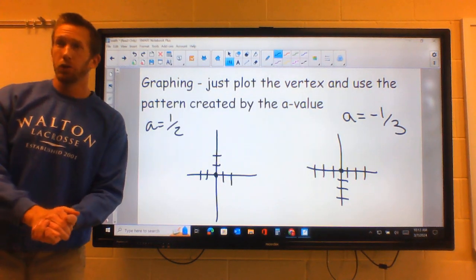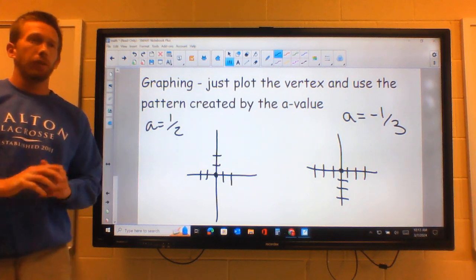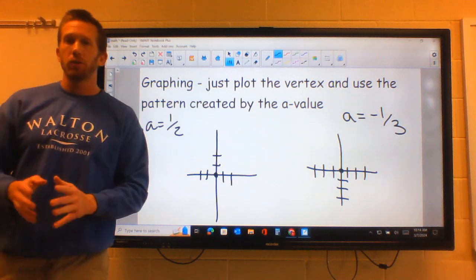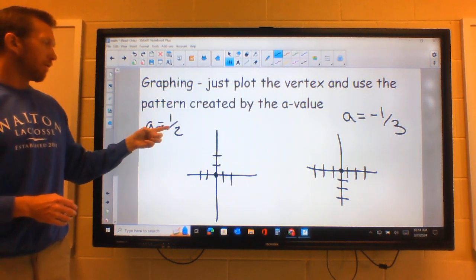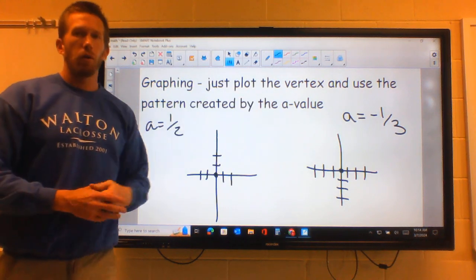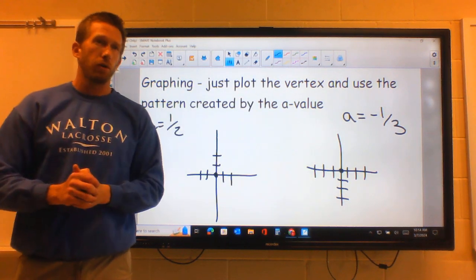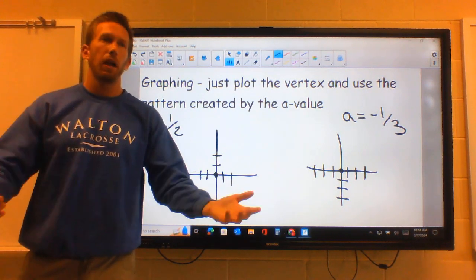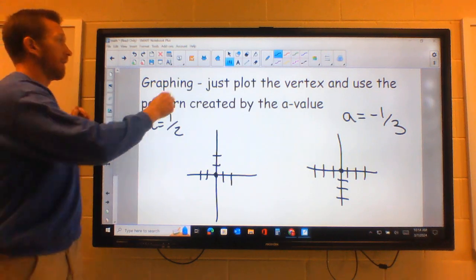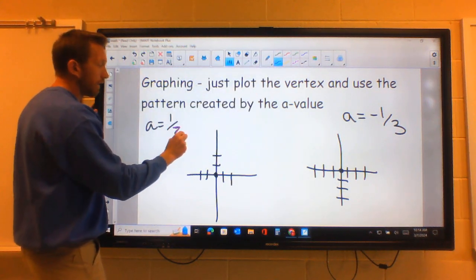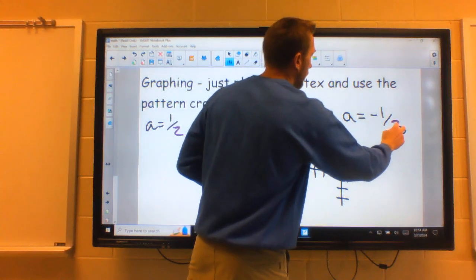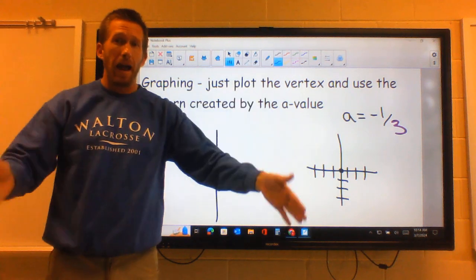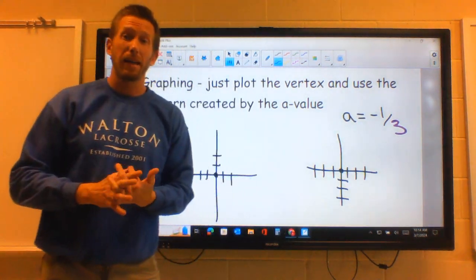Now looking at a few shrinks for a values. This is at the Algebra 1 level, a basic introduction, so the only shrinks we're going to look at are 1 over a whole number or -1 over a whole number for now. For example, 1/2, 1/3, 1/4, or -1/2, -1/3, -1/4. They all have a common theme: whatever the denominator is, that is how far from our vertex we go out, and either up or down that same number, to get to the next whole number points.